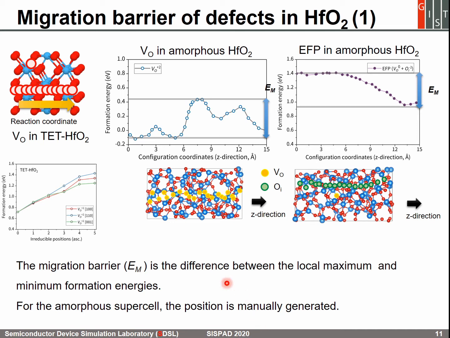In the tetragonal supercell shown on the left, the defect is generated at each symmetric position inside the unit cell. However, for an amorphous structure, it is difficult to find symmetric positions. Therefore, we have manually selected possible defect positions.